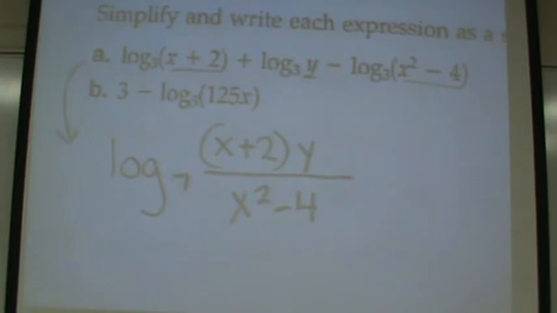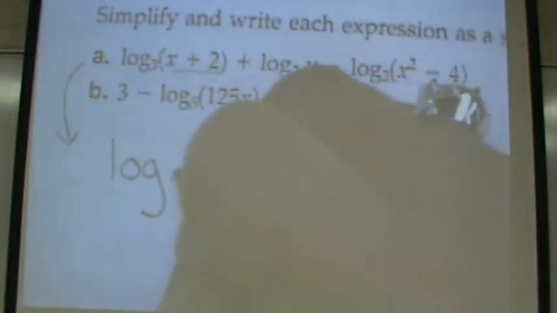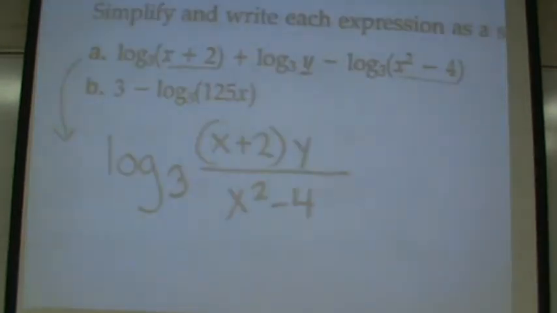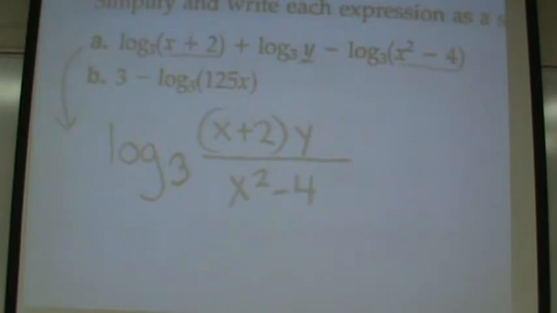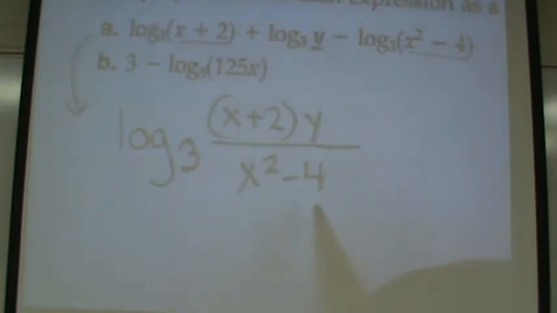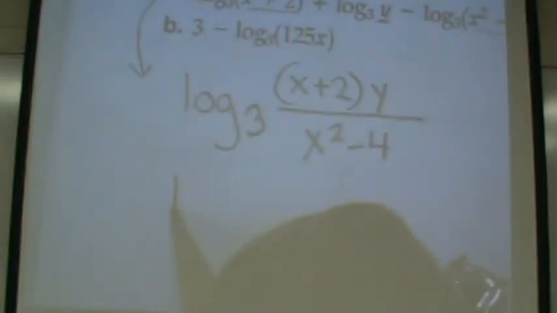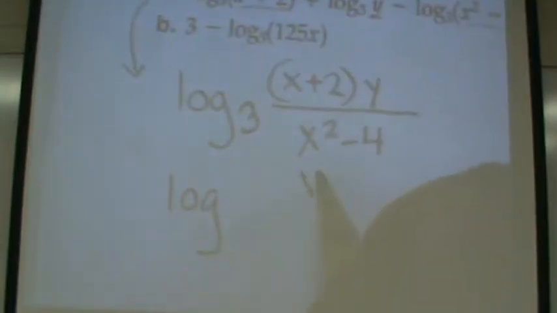Is there anything else you can do? Is it base 3? Oh, I'm sorry, because I'm blind. Base 3. What else can you do? Sorry, guys. Can you cancel something? There's something in here. I see something in here.